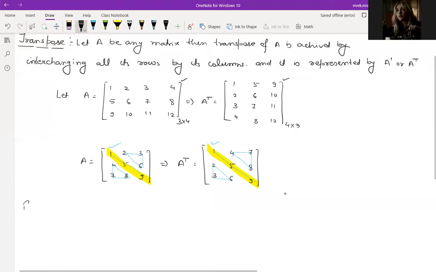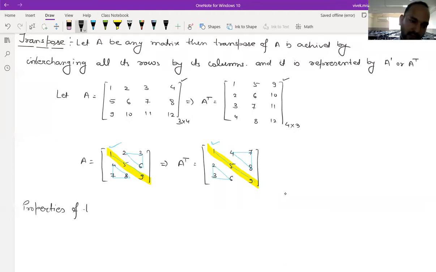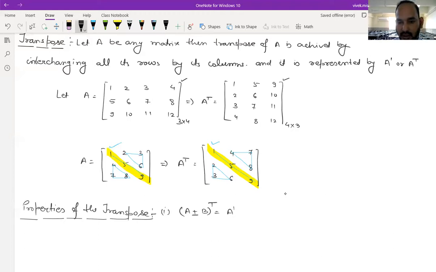Now, properties of the transpose. So first property is A plus B transpose or A minus B transpose is A transpose plus B transpose or A transpose minus B transpose.